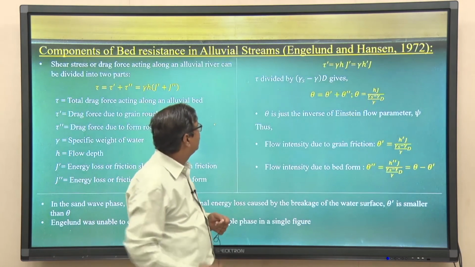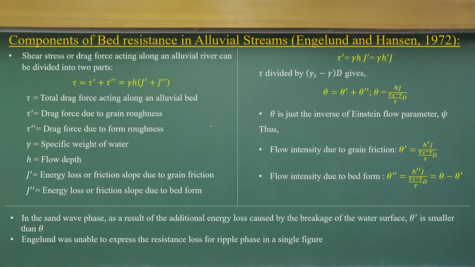In the same way, if you look at Engelund and Hansen 1972, he introduced a new concept: the shear stress acting along a bed can be divided into two parts. Again, the same concept.